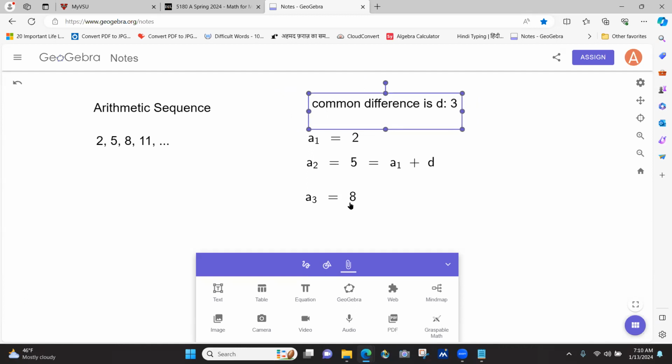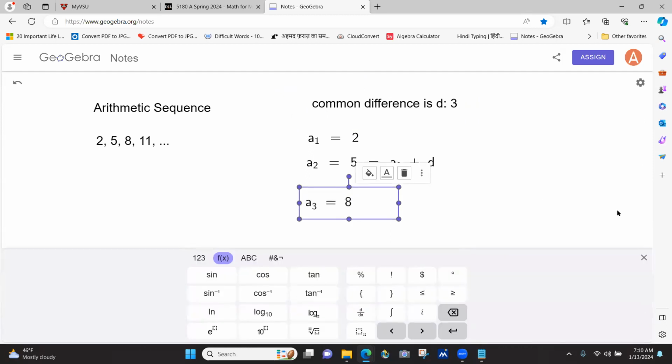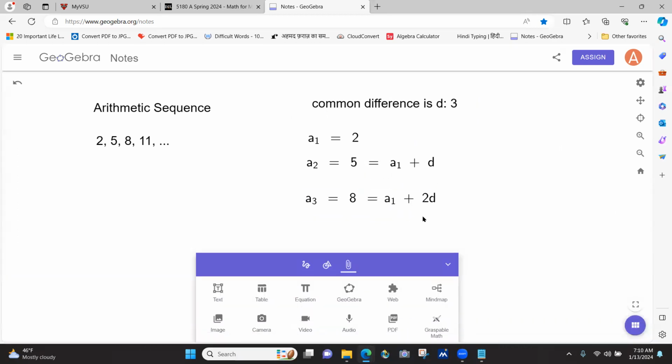Now, to get to the third term, I can add the common difference to A2, or I can add to the first term the common difference twice. Now, this pattern is extremely important.